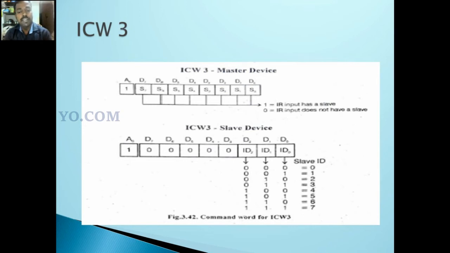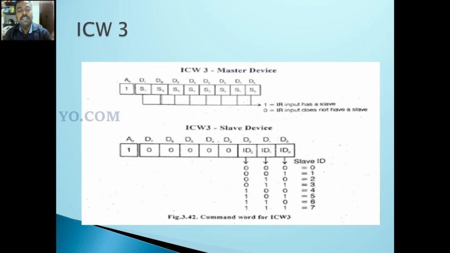If it is 0x, it means non-buffered mode. Okay, the buffer pin is 0, which means non-buffered mode. Then if it is 1 and here it is 0, it means buffered mode, that is slave. So 0 indicates slave and 1 indicates master. Here 1 indicates buffered mode and 0 indicates non-buffered mode. Okay, right? So these are combined together, so they perform 3 different operations.